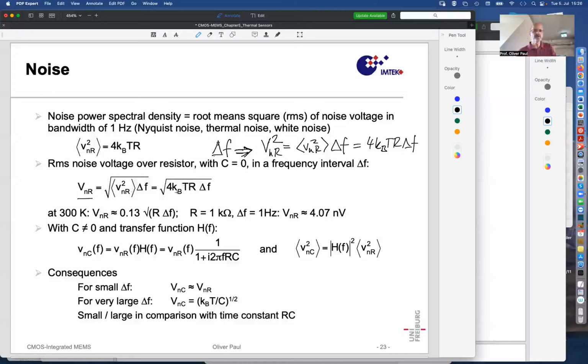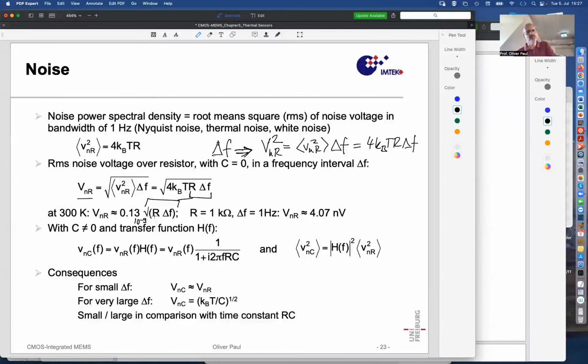If you evaluate this function, you have the system-specific contributions, which are the same as here, and then you have a prefactor, which is 4 kBT. So at room temperature, at 300 Kelvin, this is 0.13, and I should write here actually times 10 to the minus 9, nano. So 0.13 nano, whatever SI value comes here.